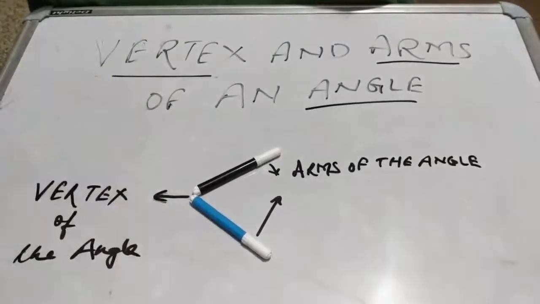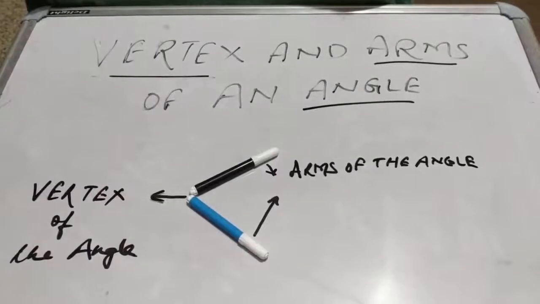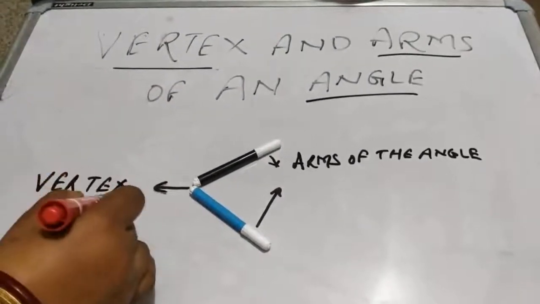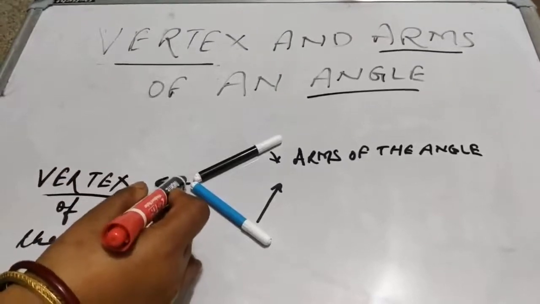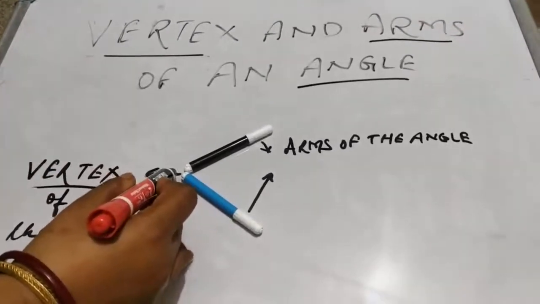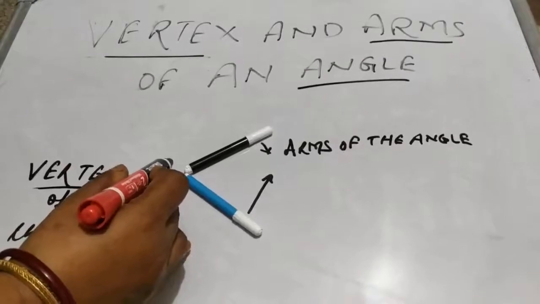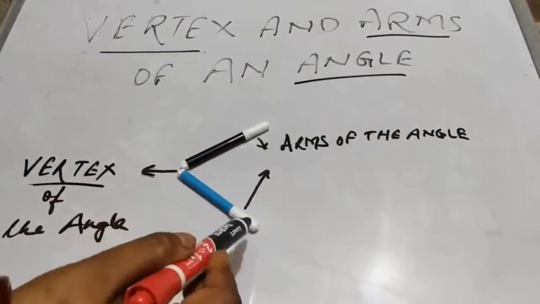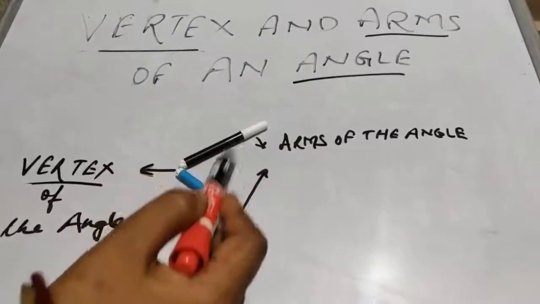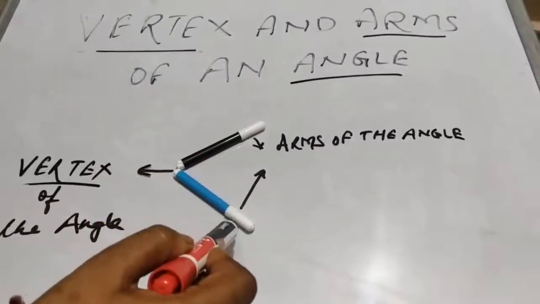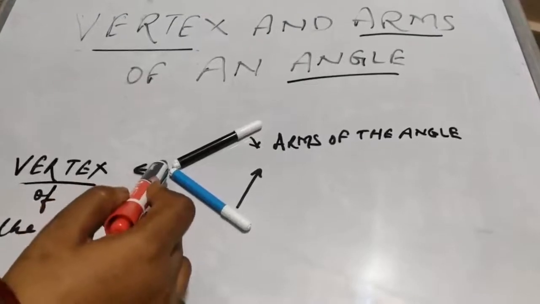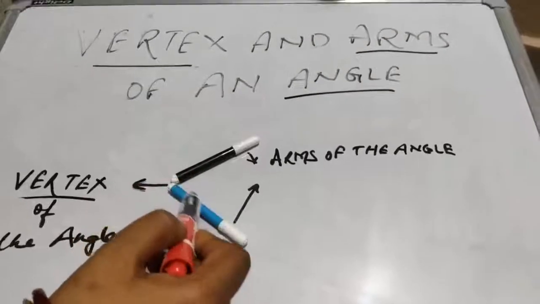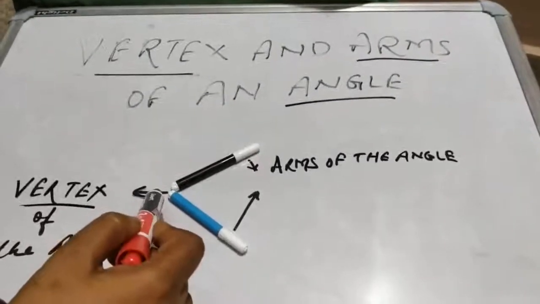Now, what is the vertex? The common end point. The vertex is the common end point of the two rays. This is ray number 1 and this is ray number 2. So this is the common end point of this ray and this ray. So what is the vertex?